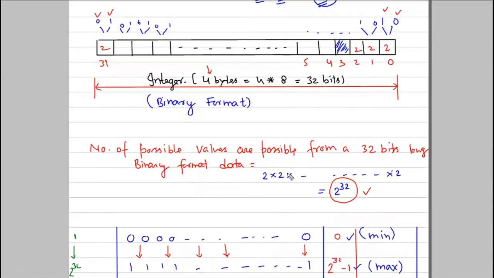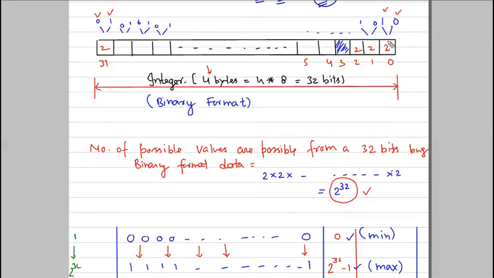So the number of possible values we can generate out of this format is 2 to power 32, because we have 32 bits, and at each and every bit we have two choices.